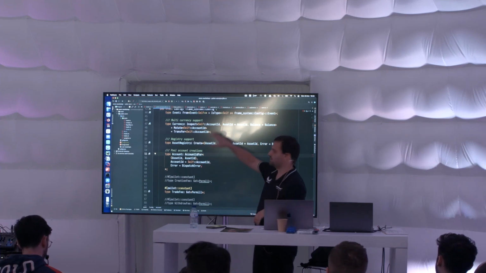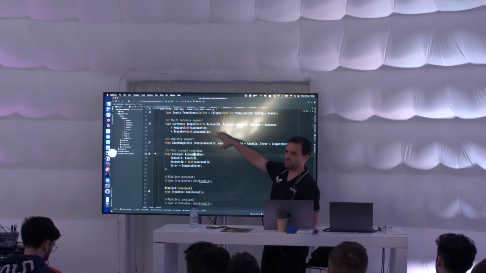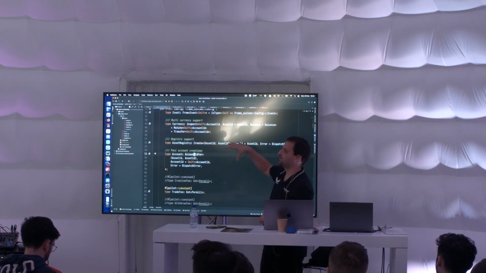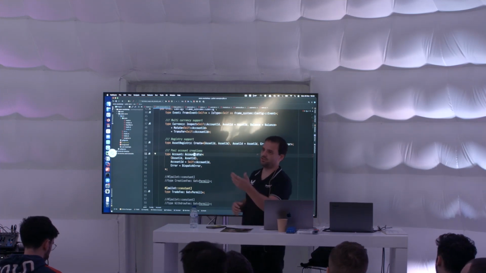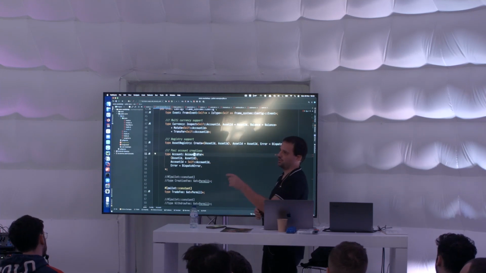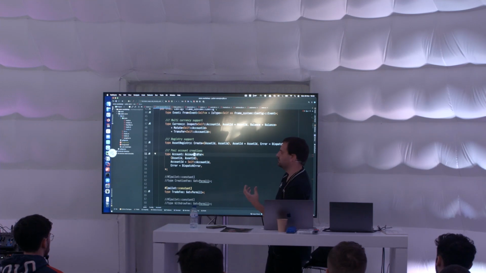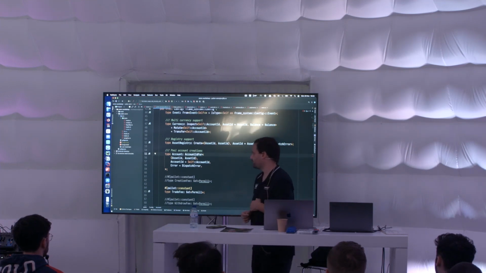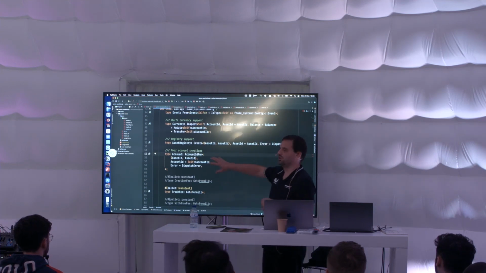The account ID is the frame system account. You configure this in your runtime: in the runtime you have the frame system, and then you tell what type of account ID this chain has. But you don't need to do that here.